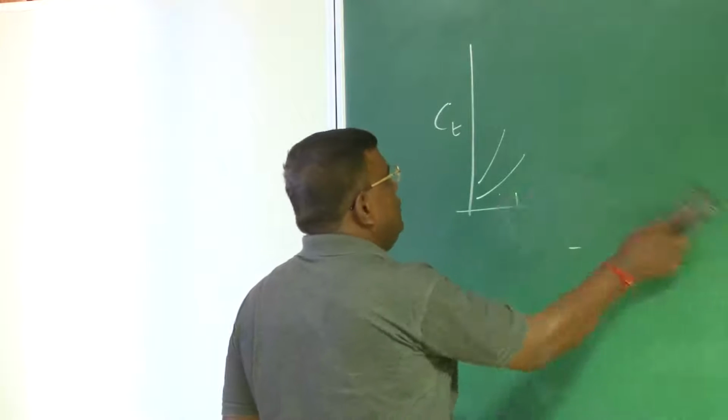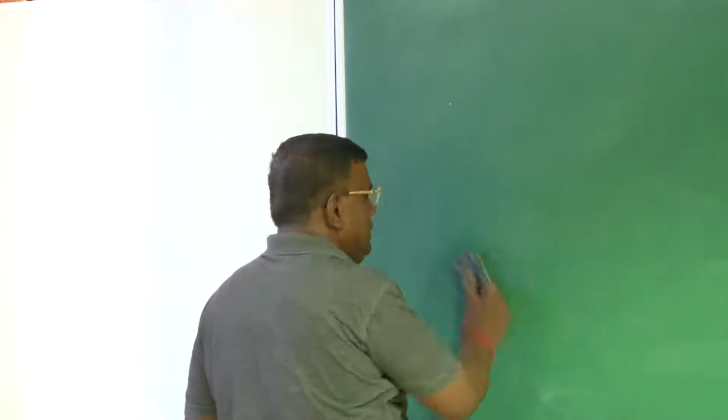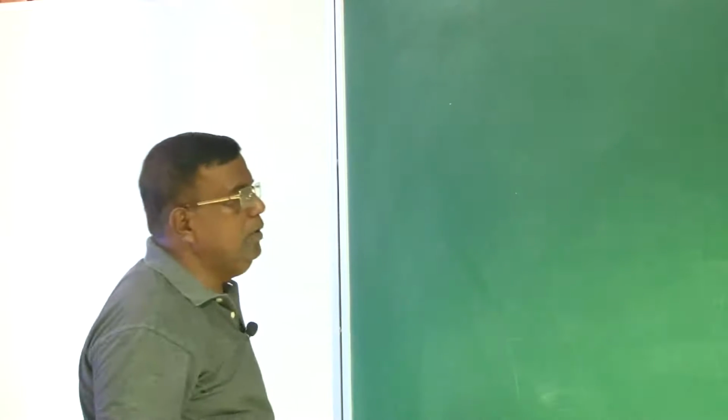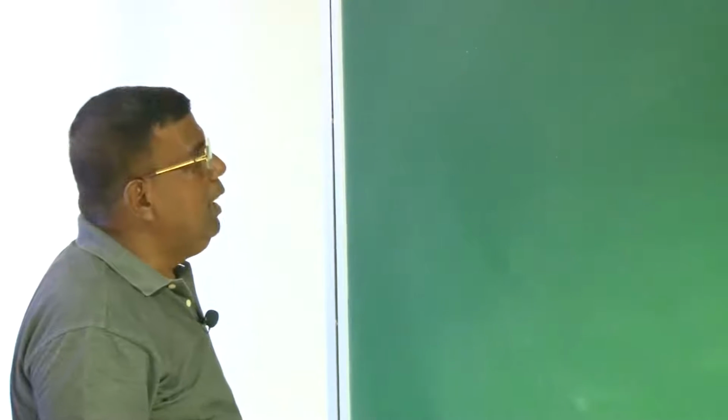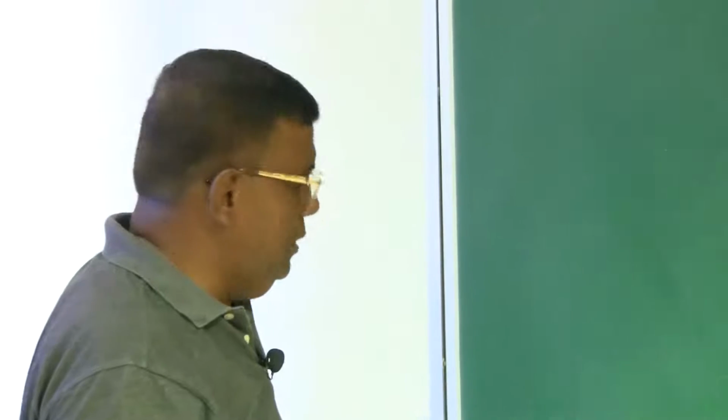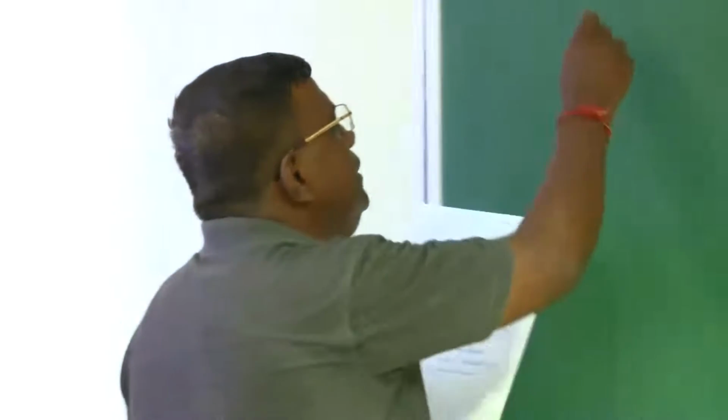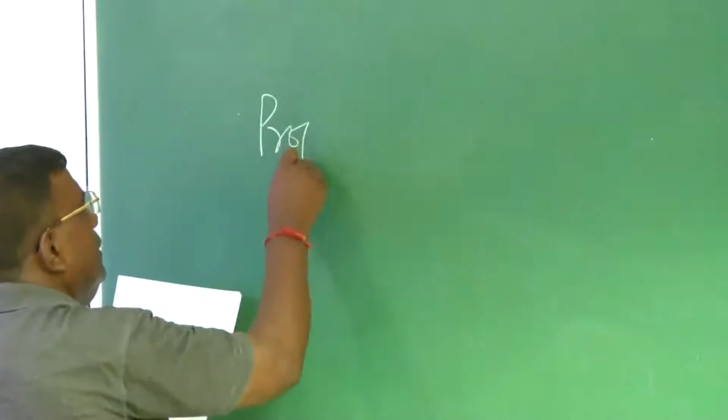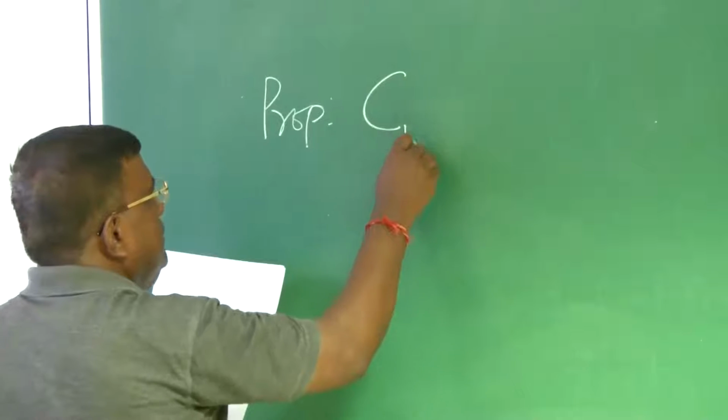Now coming back to the propeller part, most books use some notation, and I will also be following those notations. Let us see, for propeller, we use something called CBHP.